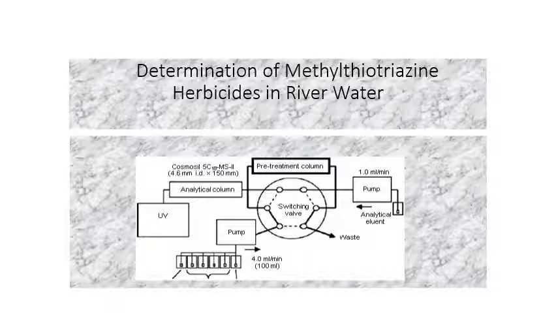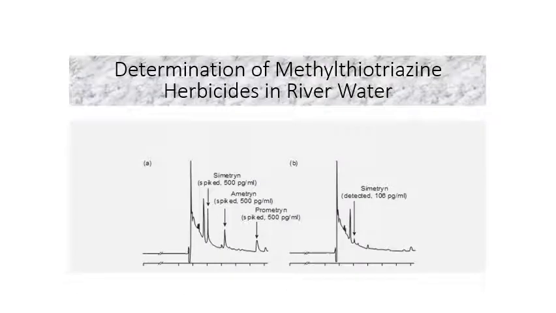The determination of methylthiotriazine in river water indicated that the method was accurate and reproducible, and it shows the chromatograms of river water sample spiked and unspiked with methylthiotriazine herbicides. The quantification limits of simetryn and prometryn detection limits were 25 picogram per ml.